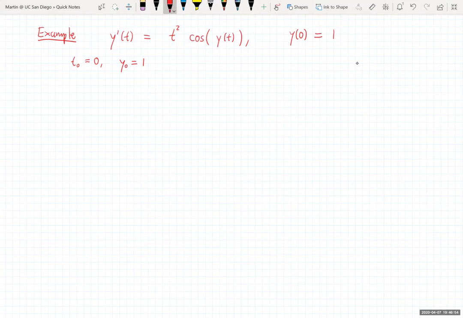Okay, to apply the Picard-Lindelöf theorem, we need to pick some time t1, which is larger than t naught, and we try the following. Let's say t1 is equal, well, just 1.